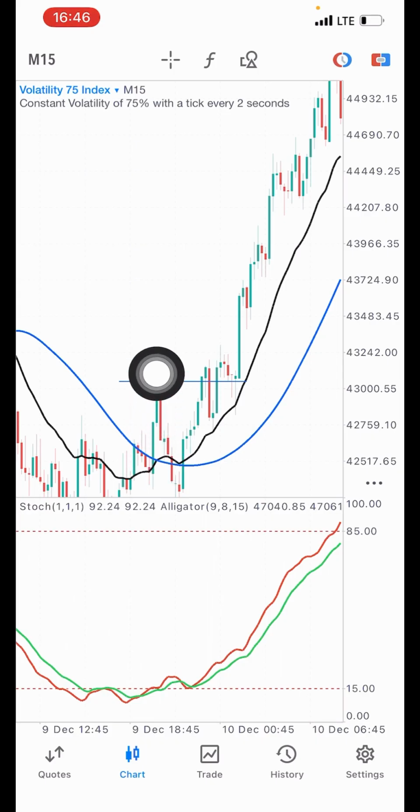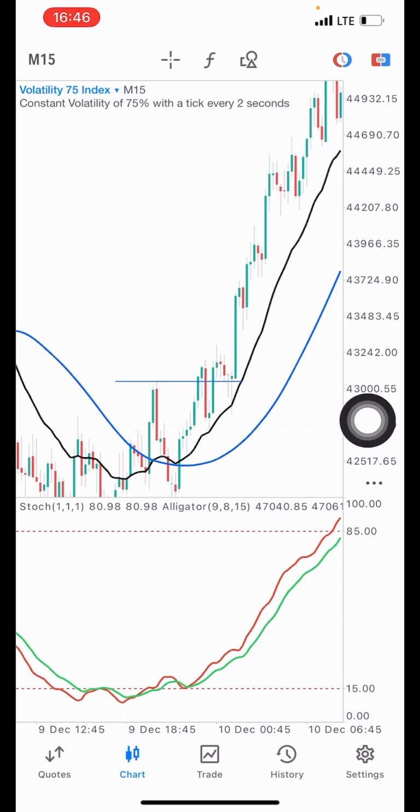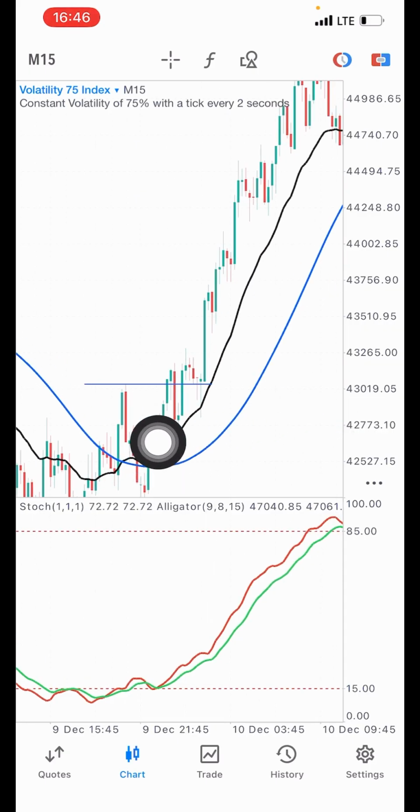It went up and then it came back for retest. You are going to mark this area here. Once you mark it, you wait for price to go and break above it again. You want to see a candlestick break and then close above this structure. The body of the candlestick must be the one to close above this structure before you think of taking an entry.